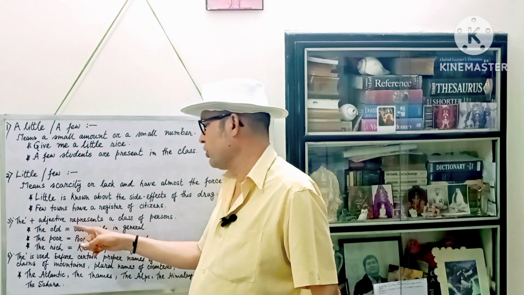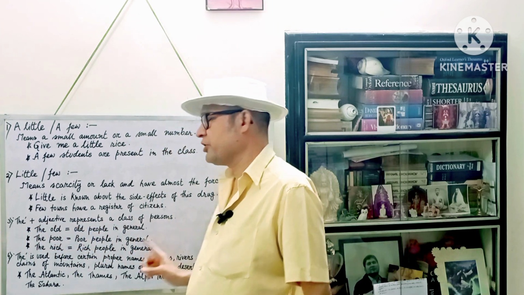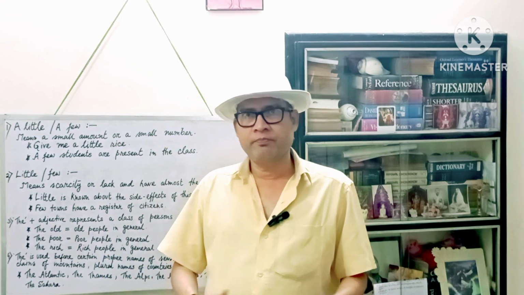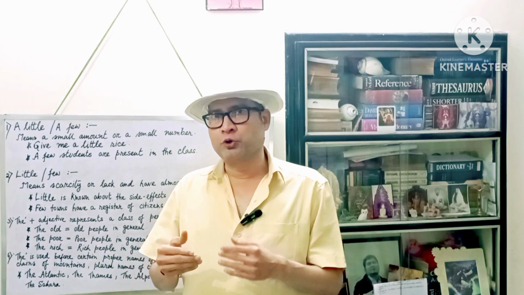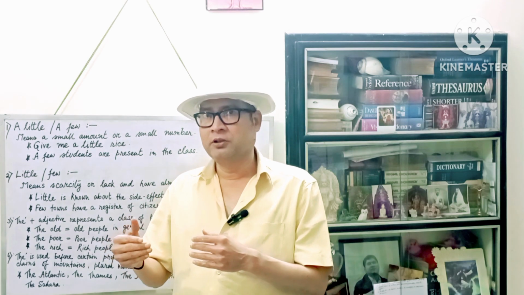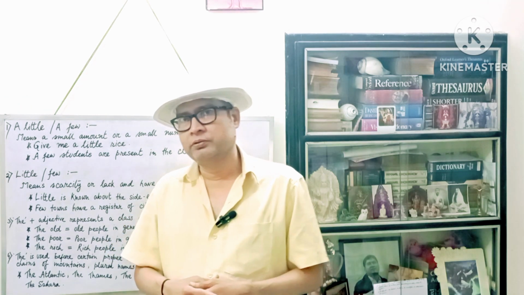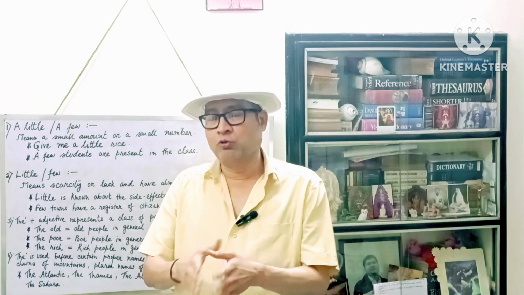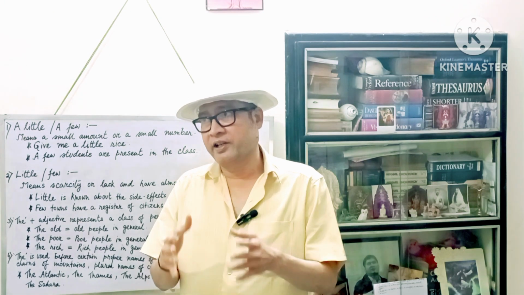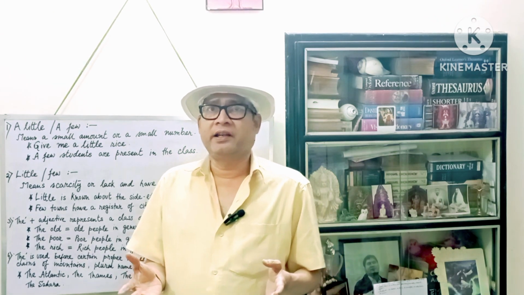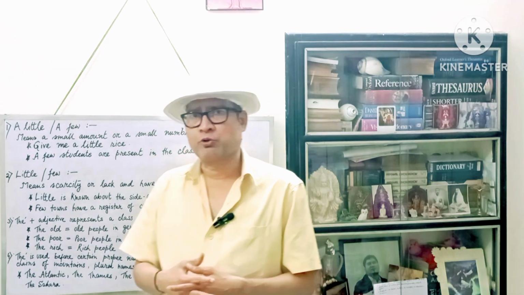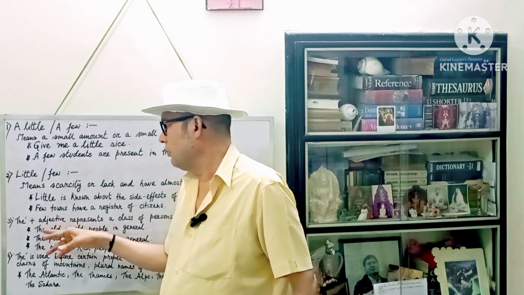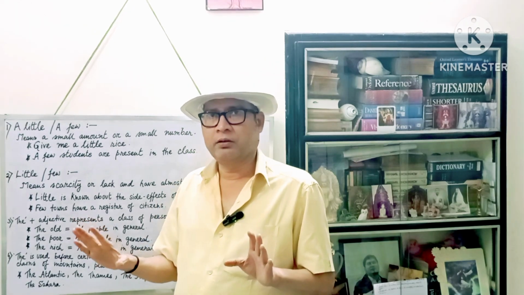The plus adjective represents a class of persons. Everybody knows what an adjective is. Now, if you use the definite article before the adjective, and the adjective is not followed by any noun, it is better for us to say that we are using the plus the adjective only.